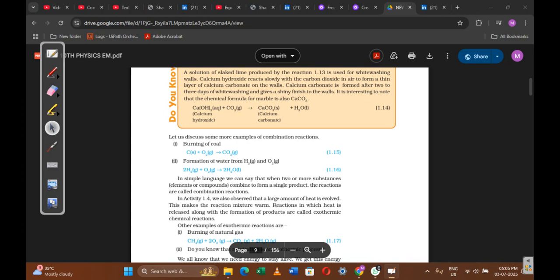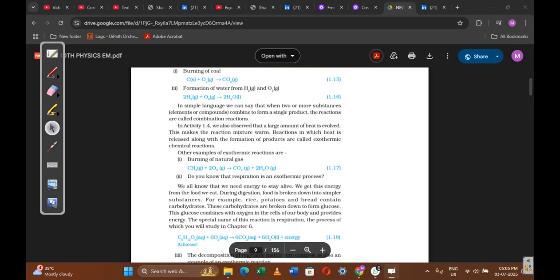So what is a combination reaction? Two or more substances combine to form a single product. In some combination reactions, heat energy is released along with the product.